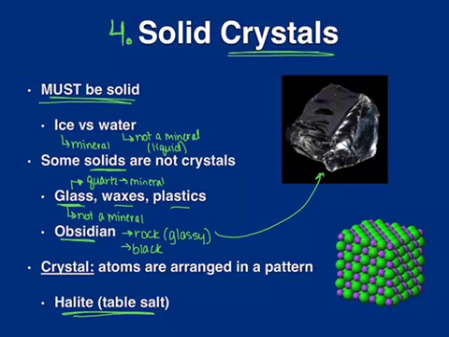Crystal structures are very organized. They usually have a geometric shape to them, meaning they're either a cube or some other triangle, pyramid. There's some specific shape to it, whereas glasses, waxes, and plastics don't have such a definite shape.